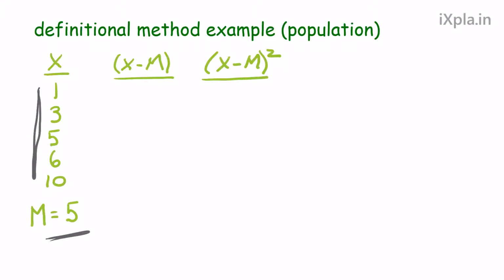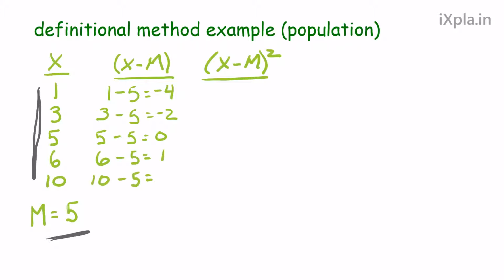So 1 minus 5 is -4 away from the mean. 3 minus 5 is -2 away from the mean. 5 minus 5 tells us that there is no distance between those two numbers. And 6 minus 5 is 1. And 10 minus 5 is 5.